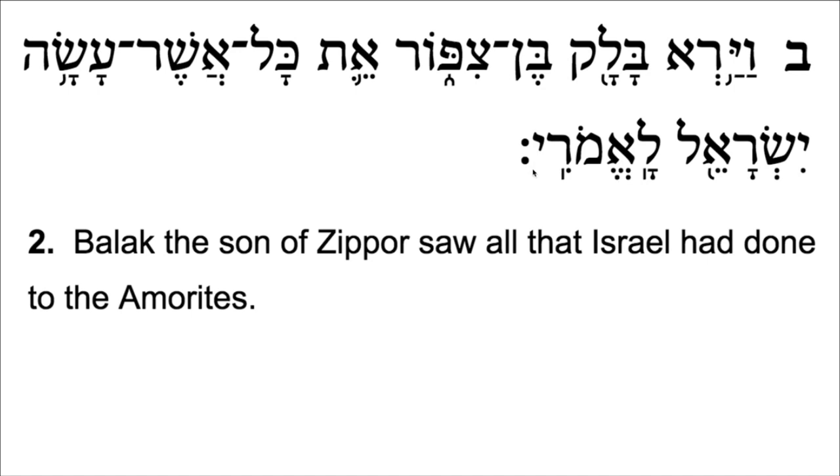La means to the, where the lamed means to and the vowel means the, and Emori means Amorites, the people. So like Temani is the Yemenites, Yehudi are the Jews.